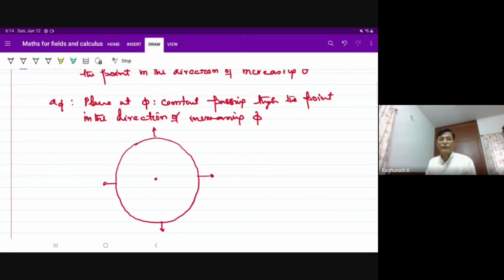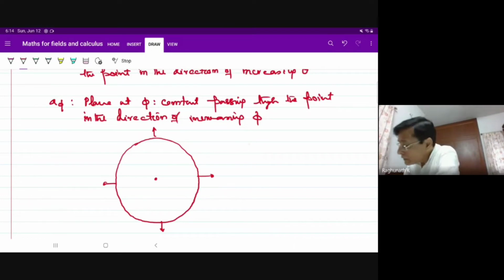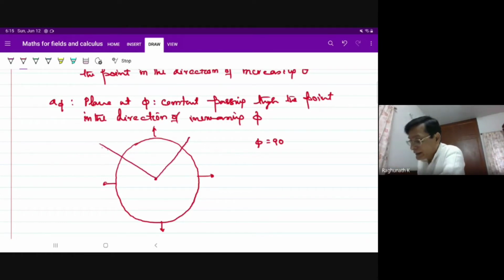Assuming the plane we are in is the YZ plane, this plane is phi equal to 90 plane, correct? Actually, this is the cone of semi-vertical angle theta.